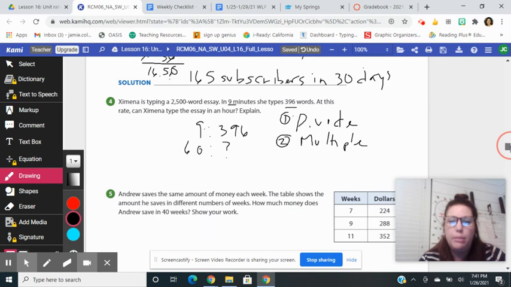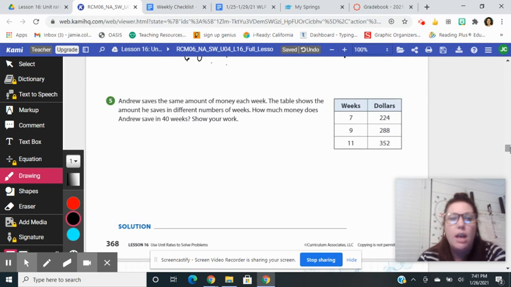So now let's look at number 5. Andrew saves the same amount of money each week. The table shows the amount he saves in different numbers of weeks. How much money does Andrew save in 40 weeks? Okay, so what we're trying to get to is 40 here, and we don't know how much money he saves.